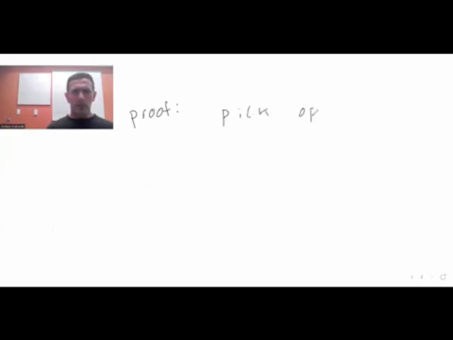So pick open U containing A, where the measure of U take away A is less than epsilon.